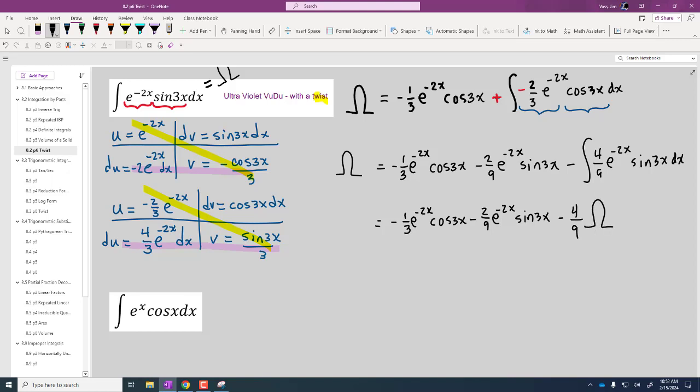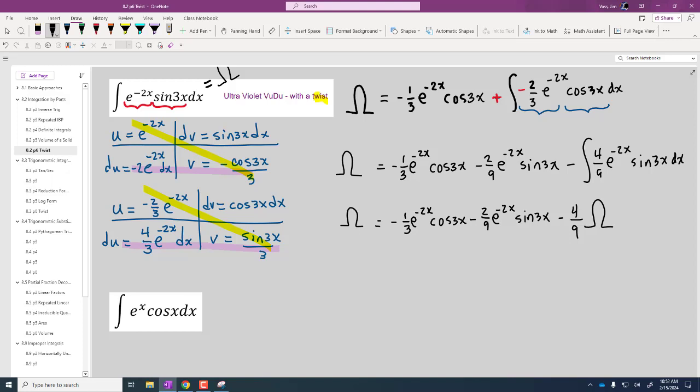Right? So if we call the original integral omega, the integral on the right is just -4/9 times omega. Omega is the integral of e to the negative 2x sine 3x. So this is just a constant multiplier of the original.